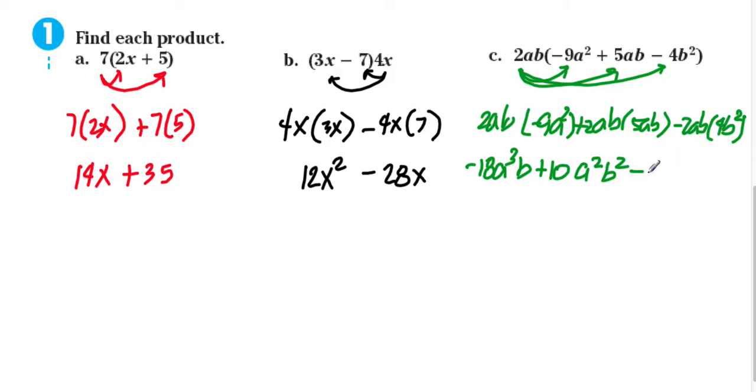Minus 2 times 4 is 8. a times b squared does not have a common base, so we simply write a. b times b squared is b cubed. And that is now the product of 2ab times the quantity negative 9a squared plus 5ab minus 4b squared.